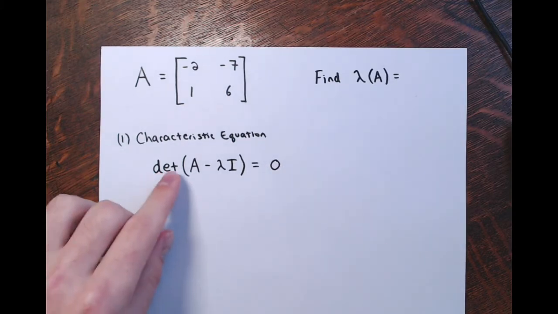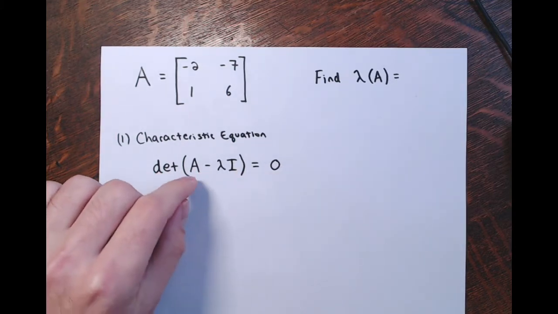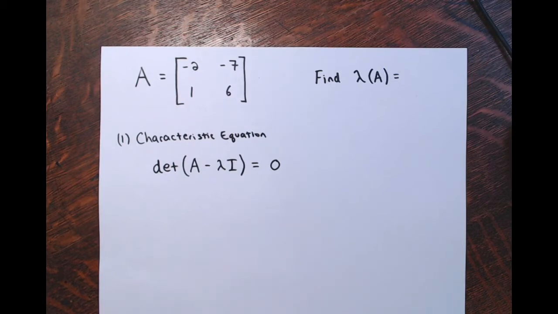Because again, if this is equal to 0, then A minus lambda I doesn't have an inverse, and then that system, A minus lambda I times x equals 0, will have some non-zero solutions. You'll be able to find eigenvectors.